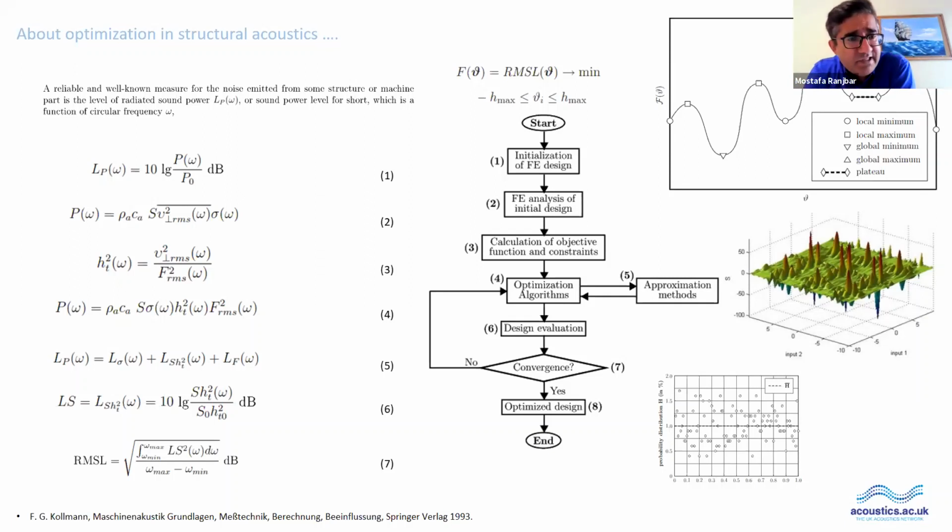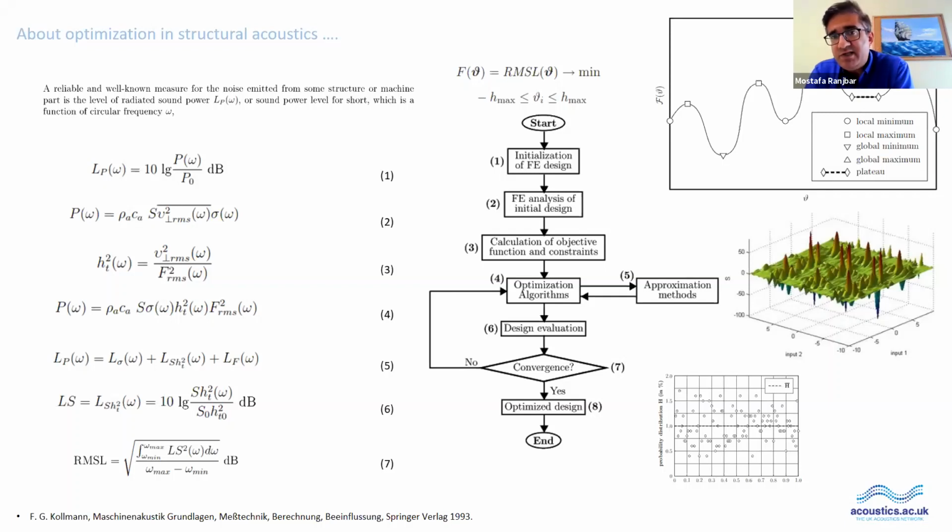So having this equation number 7, if you want to minimize it over a specific range for the design variables, then we should go through this flowchart.